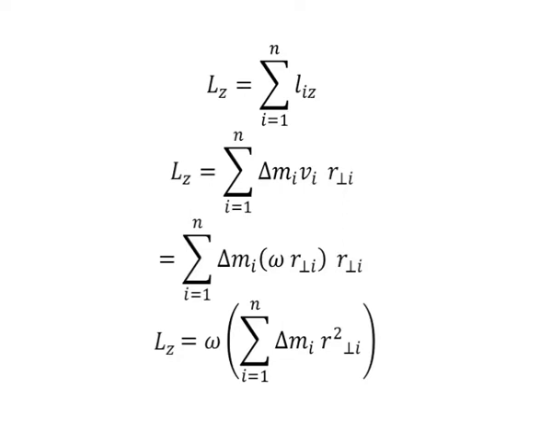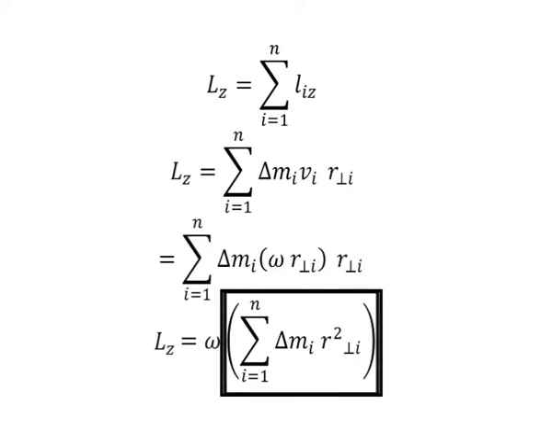We can remove omega from the summation here because it has the same value for all points of the rotating rigid body. The quantity sigma delta m_i r_perpendicular,i squared in the equation is the rotational inertia I of the body about the fixed axis.